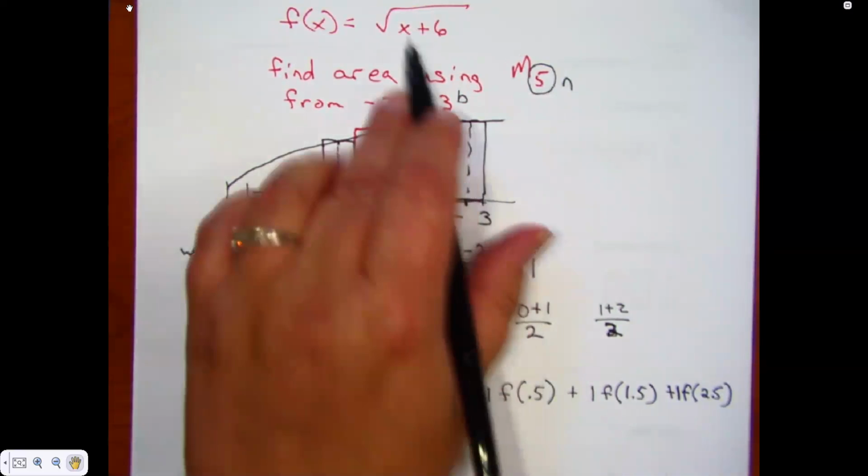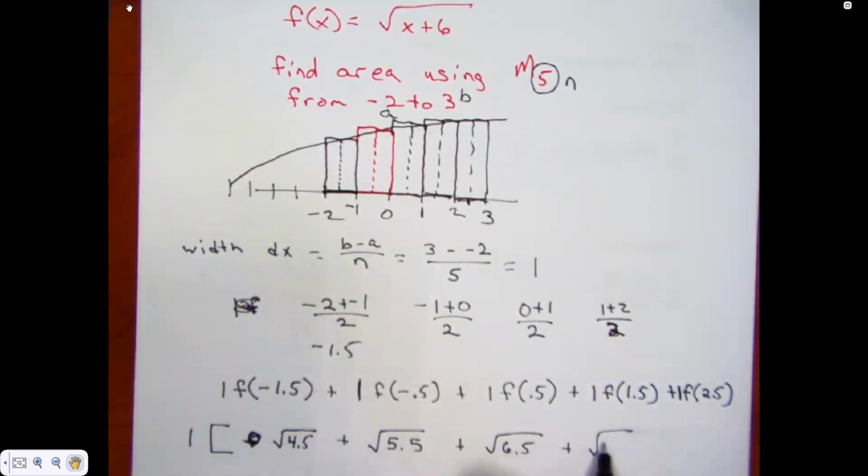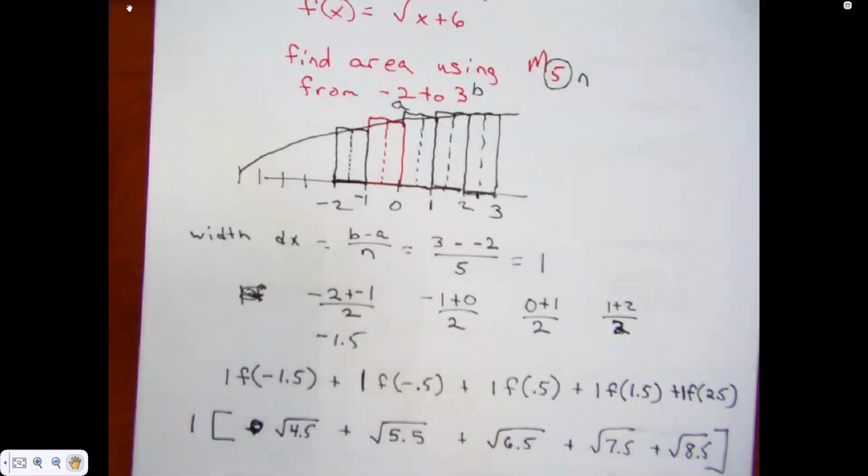Plus, if I put a negative 0.5 in there, I should get the square root of 5.5. This one would be 6.5, 7.5, and then 8.5. Okay, and then just a matter of typing those in.